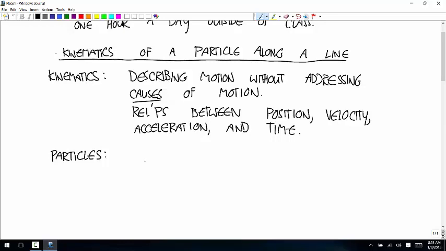So a particle is an object that's treated as having no length dimensions. That's the small part. In other words, you can think of it as existing just at a single point.